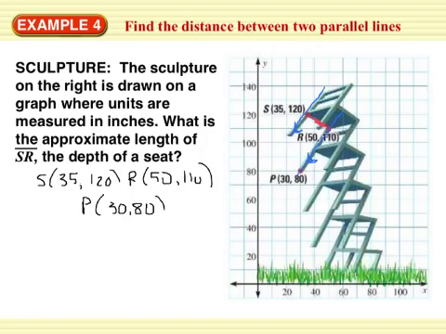All right, what is the slope of the leg? I'm going to make sure everything's parallel. The slope of each leg, if I did P and R, my slope is going to be change in y over change in x.